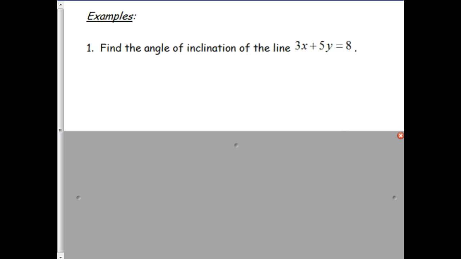Also, tangent in the second quadrant will show up as a negative fourth quadrant angle because the inverse of tangent has restrictions, right? Its restrictions are for the first and fourth quadrant, so we have to be careful with this.